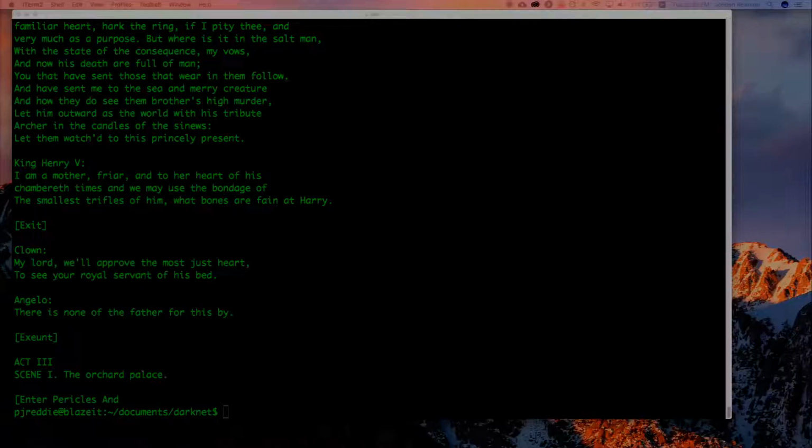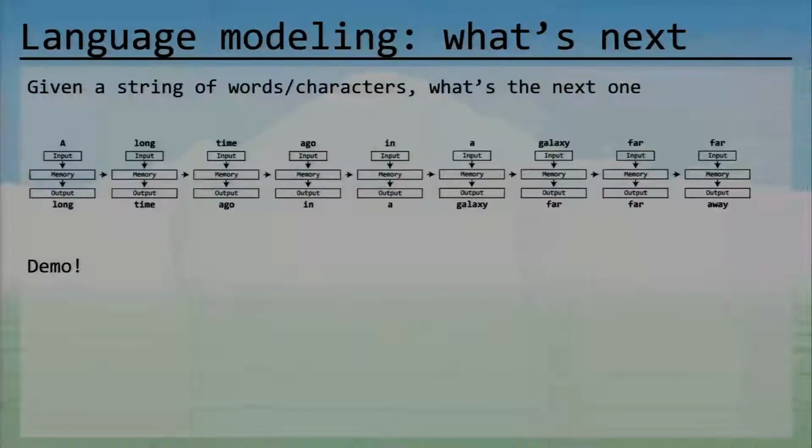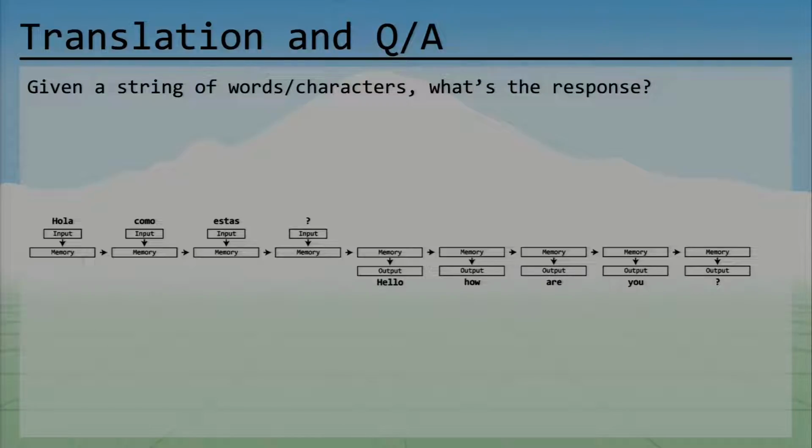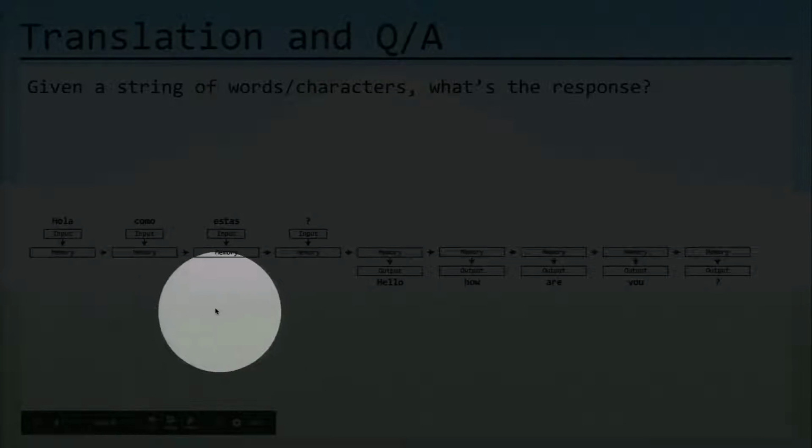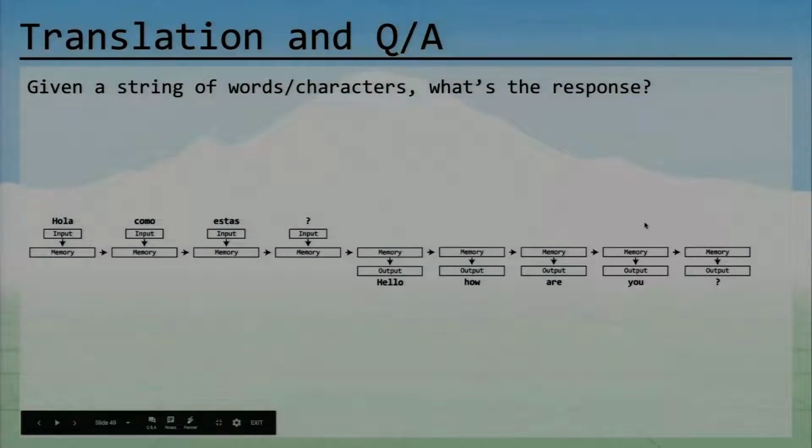OK, so going back to our slides. Language modeling, pretty cool. You can do some fun stuff with it. Another thing that you can do is translation or question answering. Now we're going to take basically the same model that we had before, and ignore the output for some of the model and ignore the input for some of the model.